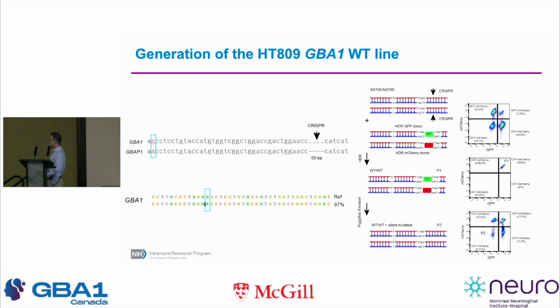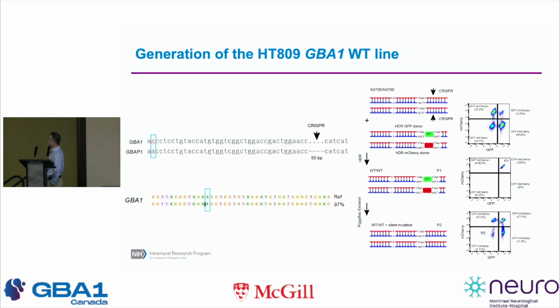Because we intended to correct both alleles at the same time, we added GFP to one donor vector and mCherry to the other. These selection markers are also flanked with piggyBac transposase recognition sites to facilitate their removal. After the delivery of CRISPR machineries and the two donor vectors into the parental line, we used FACS sorting to enrich cells that are positive for both GFP and mCherry.